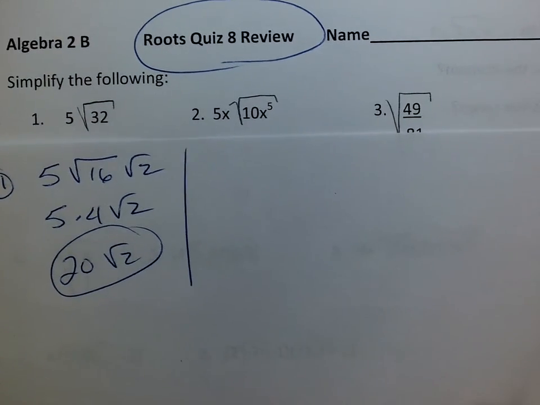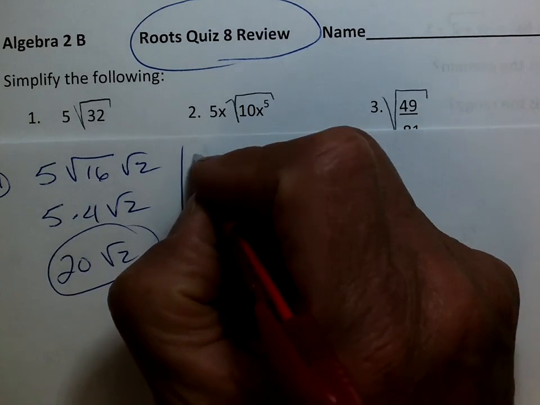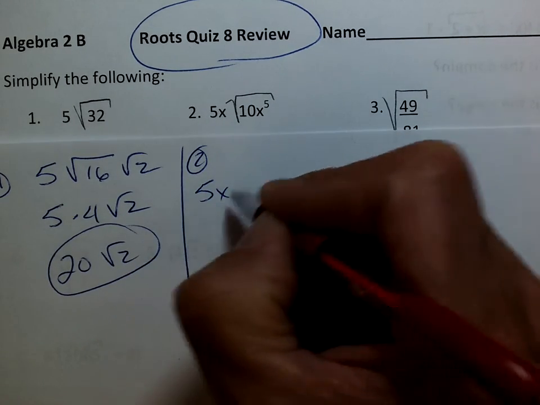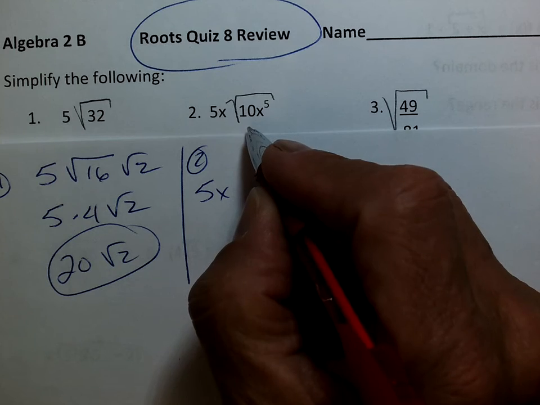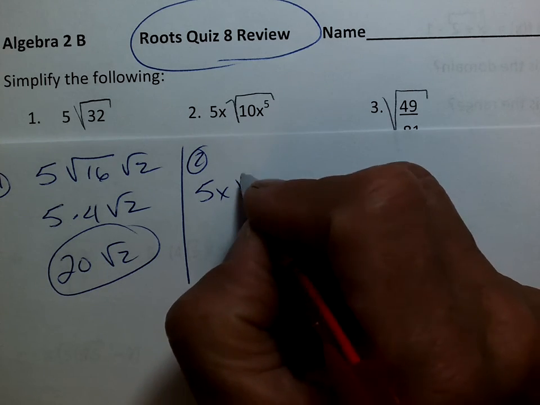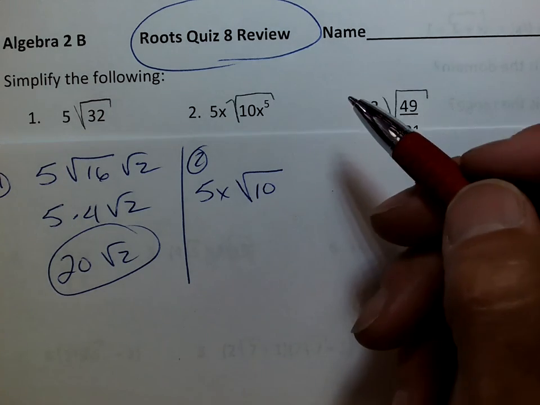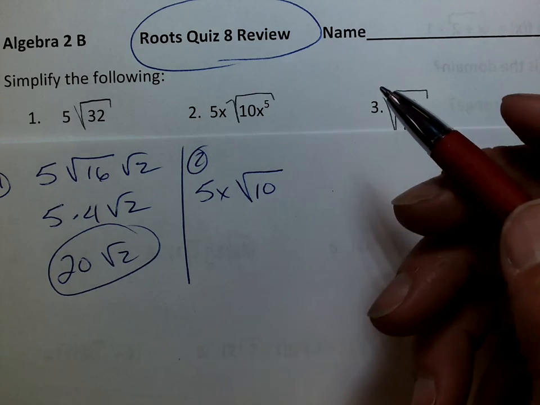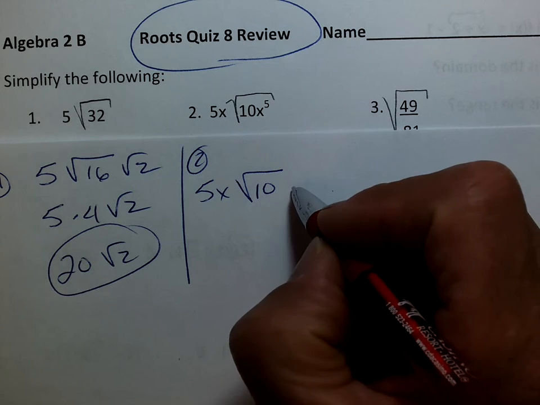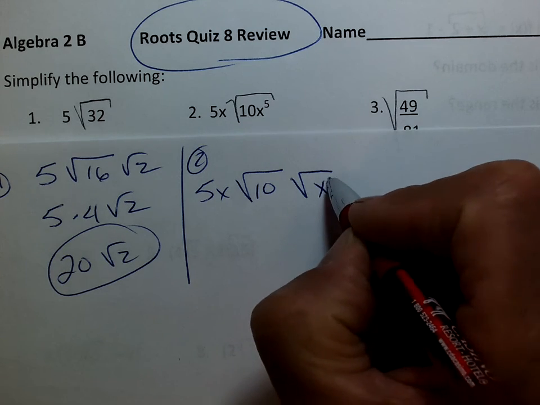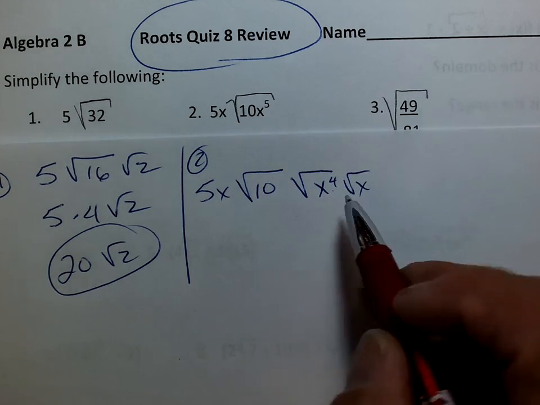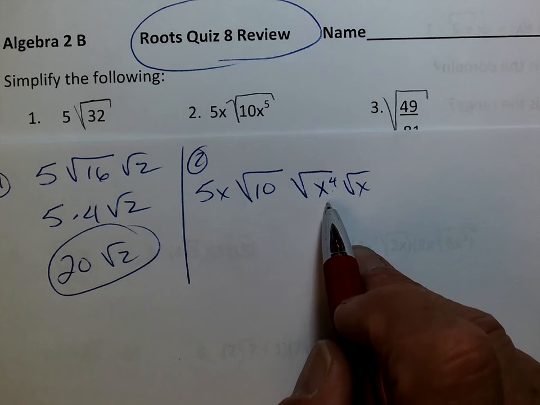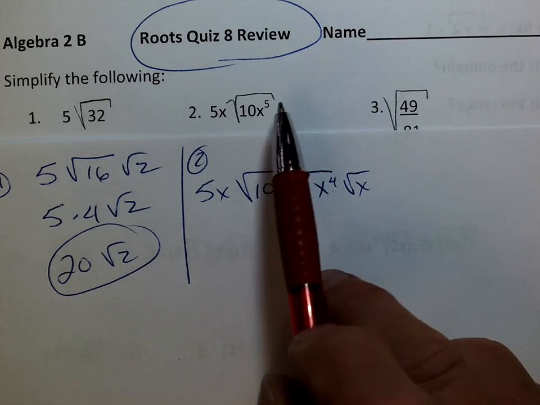Number 2, 5x. 10 does not break down at all. There's no multiples in 10 that's going to work. 2 and 5, no square roots. 1 and 10, well, 1, but that's redundant. But the x to the 5th, I'll make it into an x to the 4th and an x. Because I want to take half the exponent, so it's an odd number.